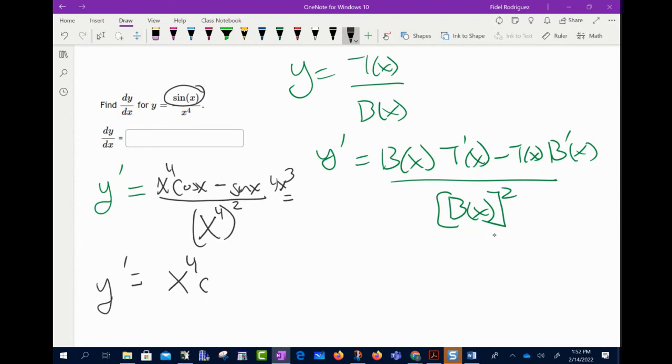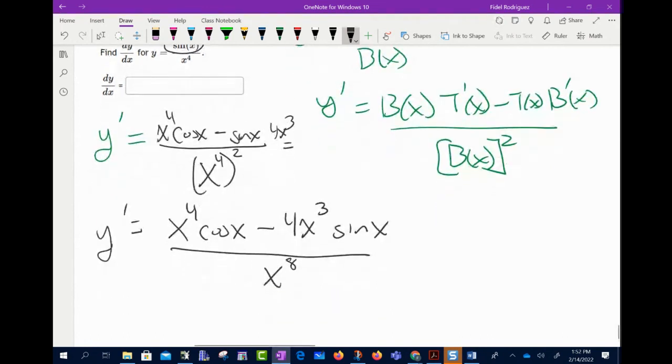I'm going to write it like this: x to the fourth cosine of x, minus, can I write it like this? All I really did is move that 4x to the third up to the front so that it didn't look like I was going to write the sine of 4x to the fourth, like I was going to multiply that 4x to the third into my angle.